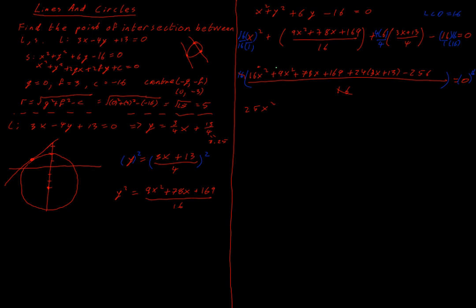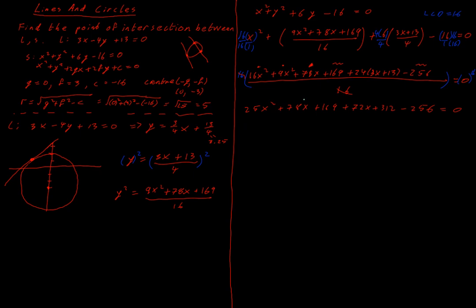I can mark all of my common terms. I can't add up these just yet, so I will leave that. 78x plus 169 plus 72x plus 312 minus 256 is equal to 0.